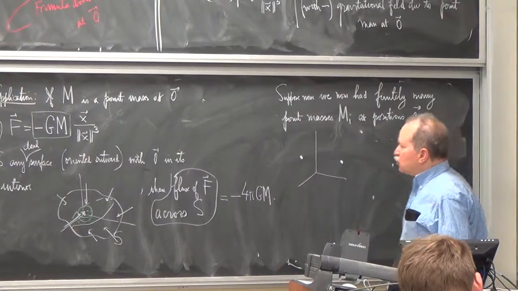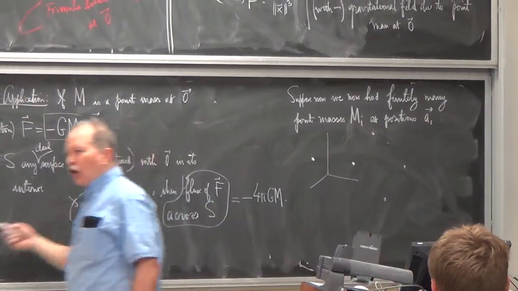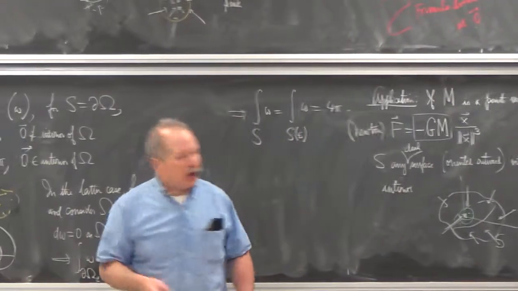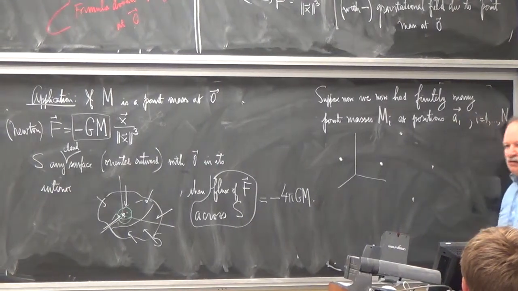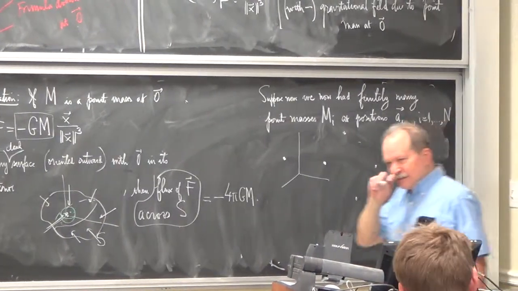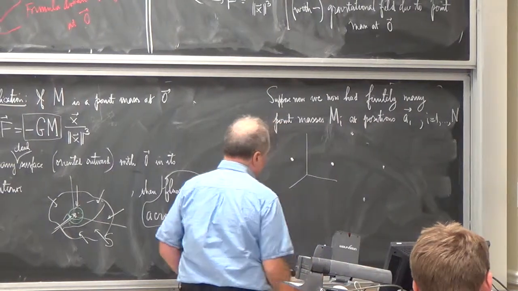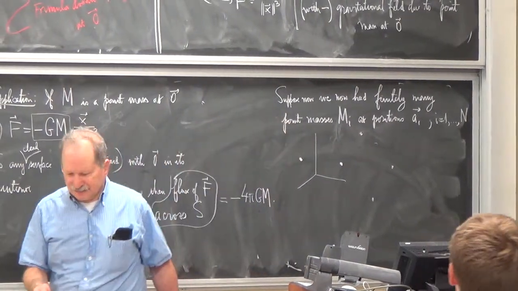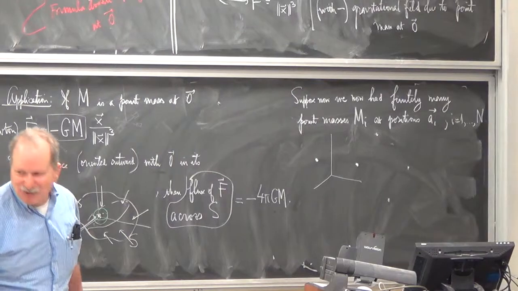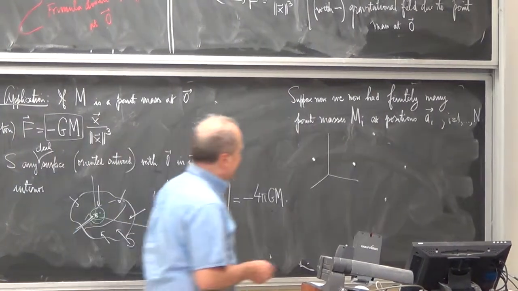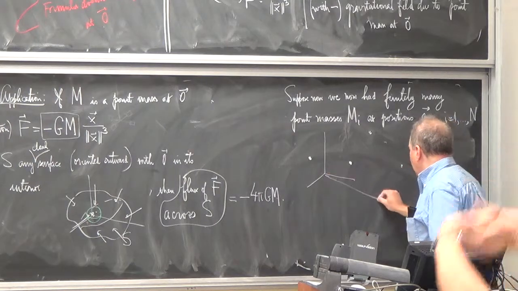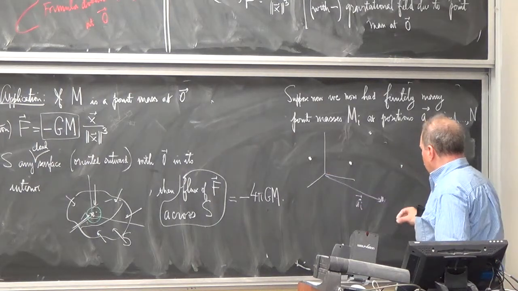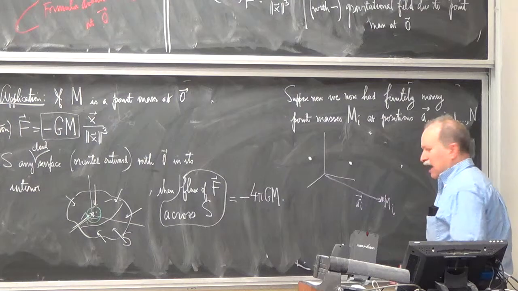Let's say i goes from 1 to capital N. Do you mean exactly, or? Yes, I mean exactly. That stopped you from saying something that probably wasn't right. So you've got the ith one at point a sub i that has mass m sub i.